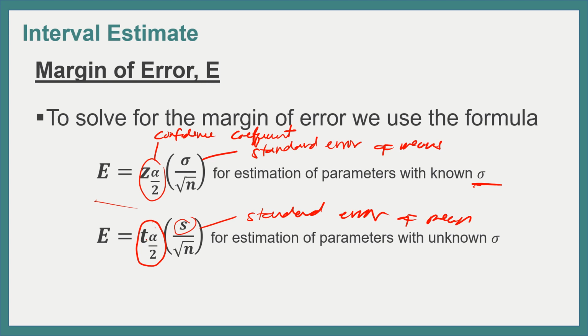So t of alpha divided by 2 here, versus z of alpha divided by 2. Later on in our next lessons, we are going to learn the difference between these two and how to find the interval estimate using each one, for parameters with known population standard deviation and for parameters with unknown population standard deviation.